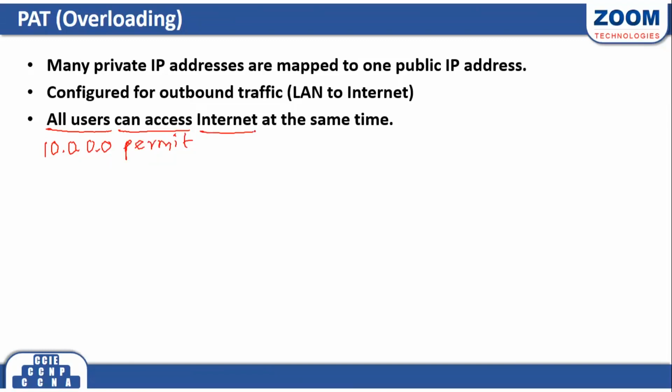So all services can be permitted. It means it's an ACL rule. What type of ACL? Is it standard ACL or extended ACL? Standard. Excellent. So a standard ACL rule also needs to be configured in the router to access the internet. We need to permit all users.